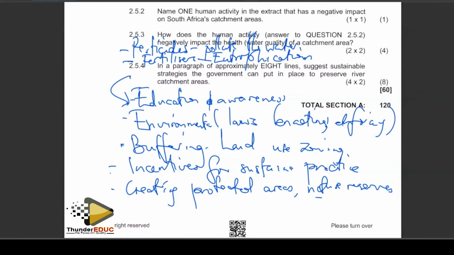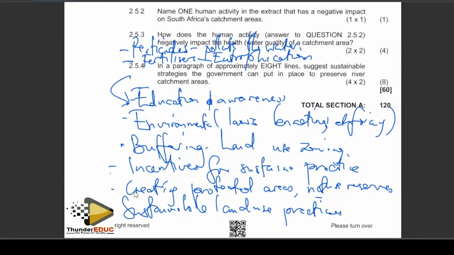We can also talk of sustainable land use practice. There are so many things that can be done. Implementing sustainable land use practices means avoiding land use practices that harm the environment, that harm the catchment areas. Activities like stream bank cultivation are unsustainable.